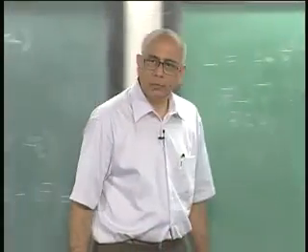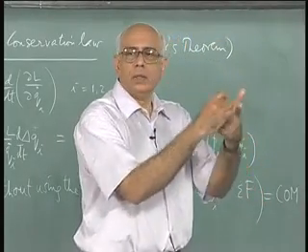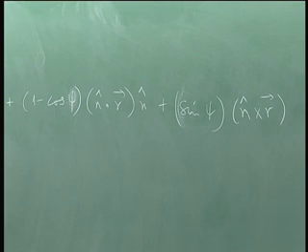This is what a finite rotation did to a vector r. So I take an arbitrary vector r, I rotate the coordinate system about a unit vector n through an angle psi, and this is the new vector.